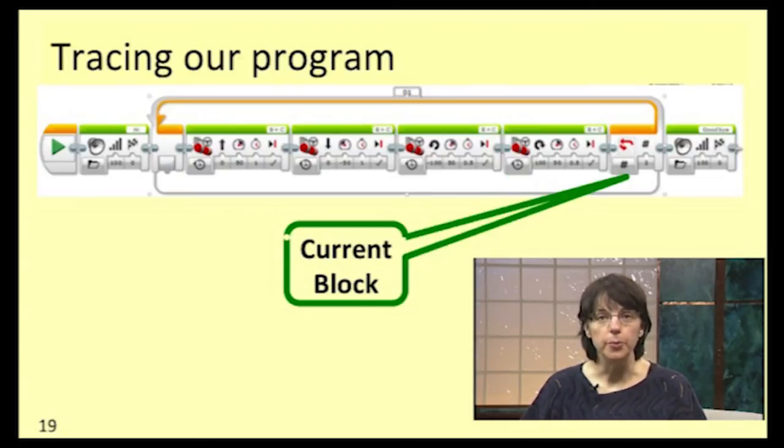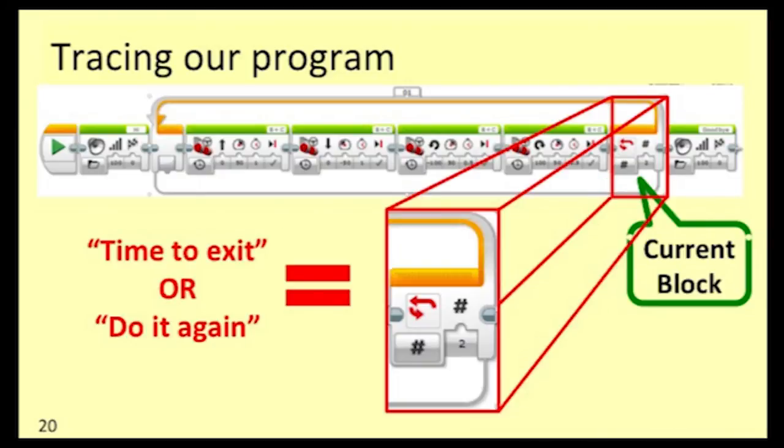We're at the end of our loop. The beginning of every loop always says, welcome, come in. The end of a loop can choose between saying one of 2 phrases. It can say, time to exit, which means you're done the loop, or it can say, do it again, which means you should go back to the start of the loop and do it again.